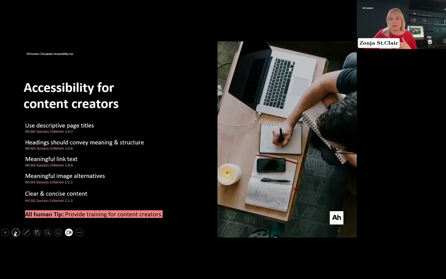For people who are using your CMS or writing content, blogs, or any information for your site, it's important that they know how to use descriptive page titles, meaningful headings and structure, that they mark up lists properly, that they add meaningful text to images, or if there's video content, that they are able to add supporting accessible content to those. Yeah, I think that's a quick overview.